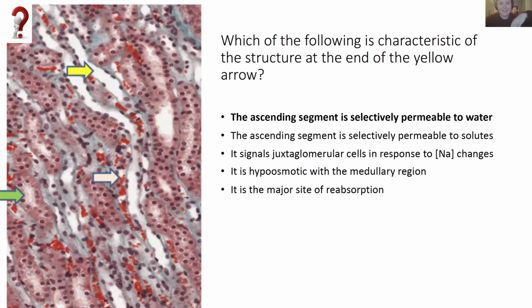So this is incorrect, guys, I'm sorry. Descending is selectively permeable to water. Ascending is selectively permeable to solutes. This causes it to go hyperosmotic at the bottom, and then hypoosmotic at the very top. It's going to get pretty much the same as the medullary interstitium.